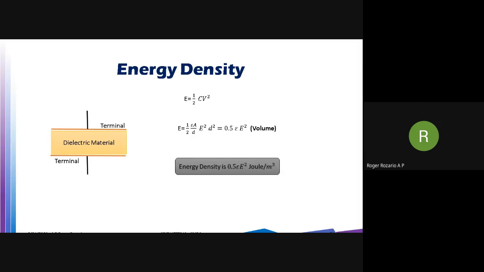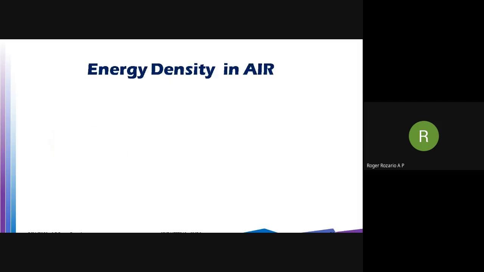So it is 0.5 epsilon into E square. E is the electric field intensity developed because of the charges present between the two terminals. Now let us take air as the dielectric material and calculate the energy density.